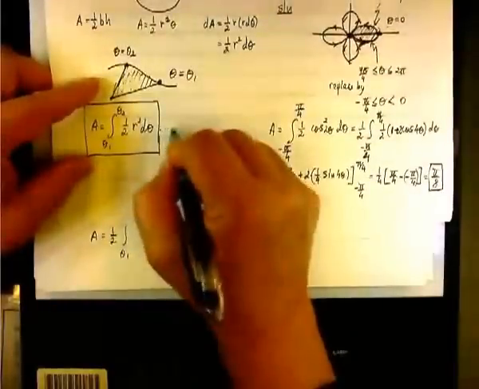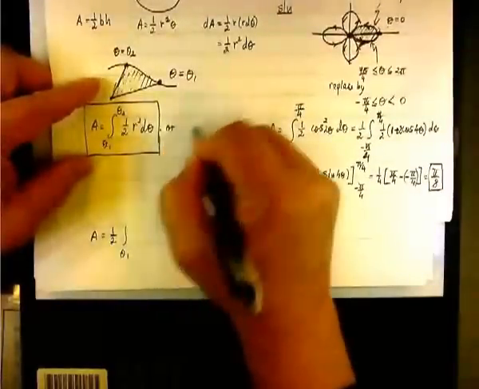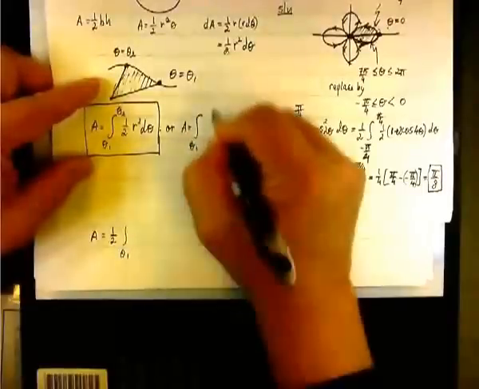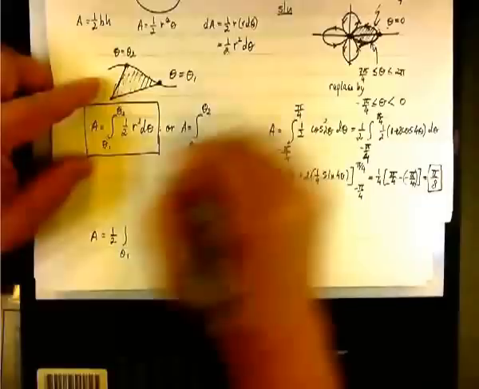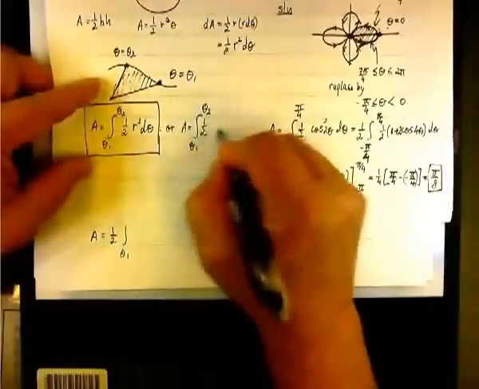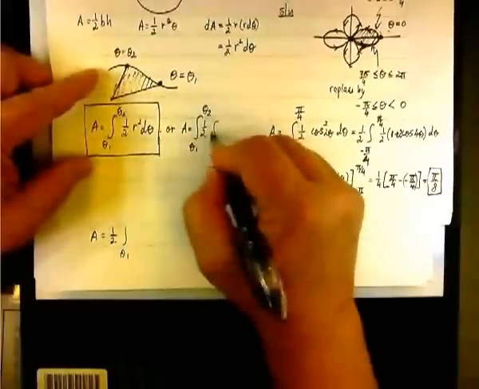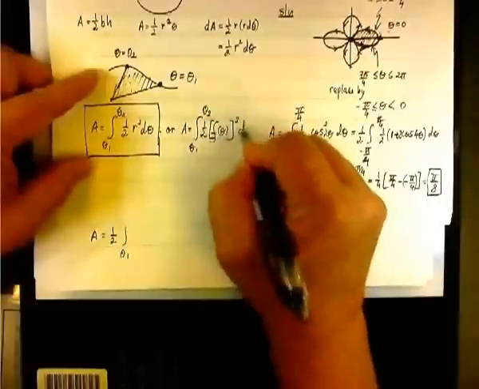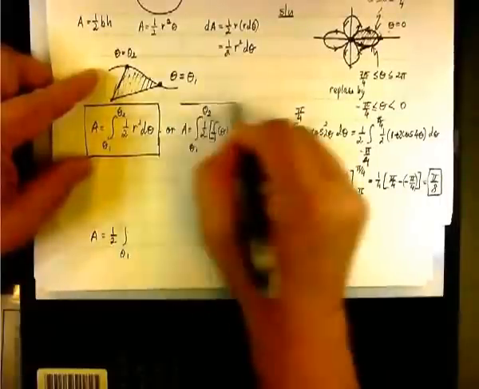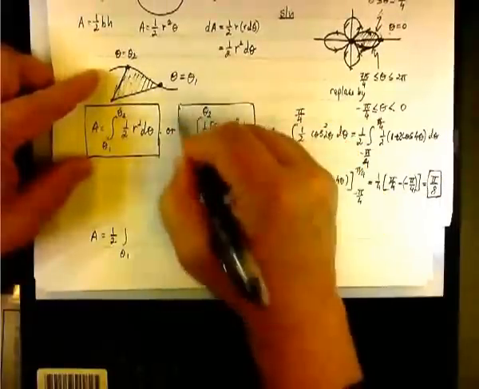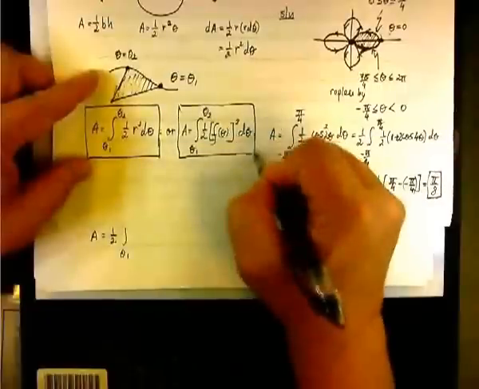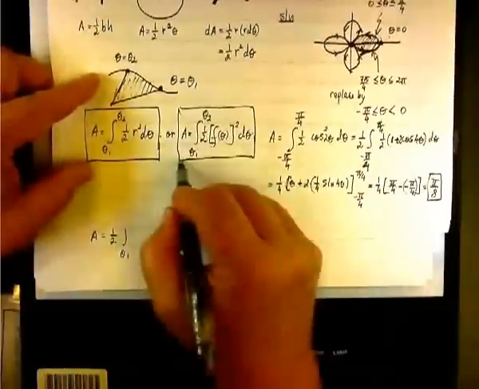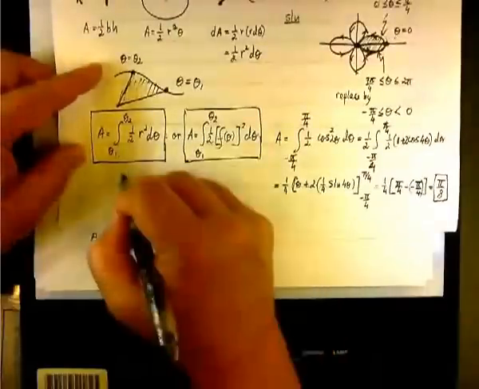And since r equals f of theta, as in yesterday's notes, from theta 1 to theta 2, instead of 1/2 r squared, we can write 1/2 f of theta squared d theta, since for the polar curve r equal f of theta.